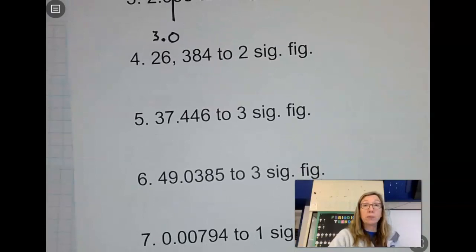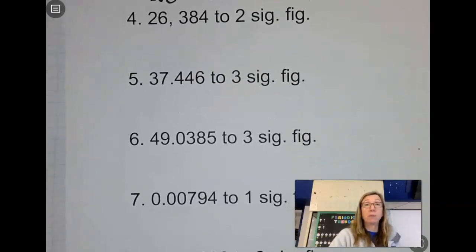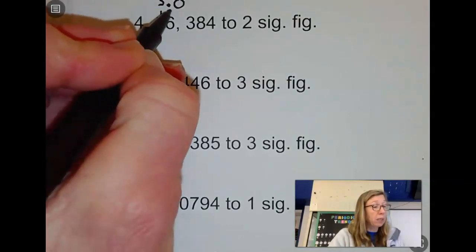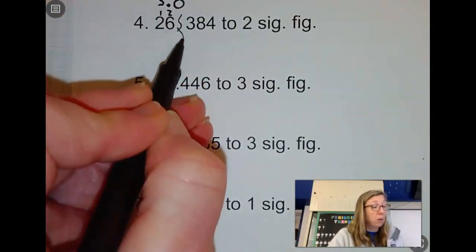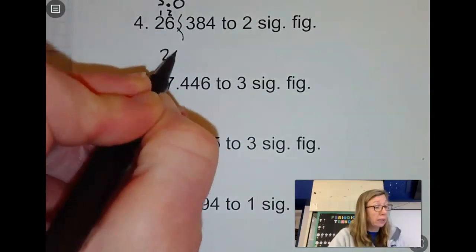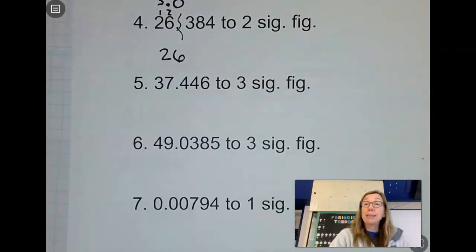Now here's what gives, this one will give people trouble. We're rounding to 2 sig figs. Okay, this is the easy part. 1, 2. We look at the next digit, it's not going to make us round, so we write a 26. And now a lot of people just leave the 26. If I owed you $26,384 and rounded it to 26, you would be mad.